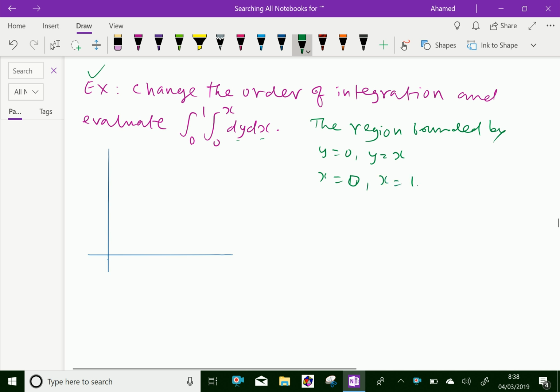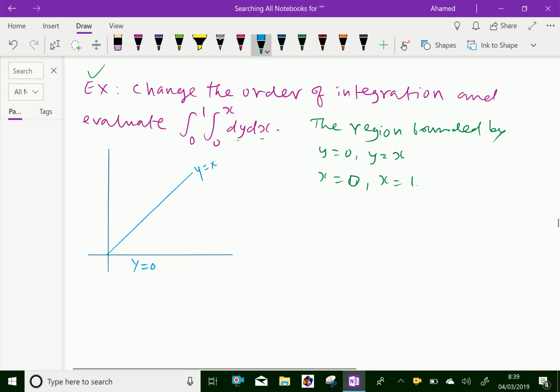Now let us draw the graph. Here this is y equal to x. Now here y equal to 0 is the x-axis and y equal to x is the line.